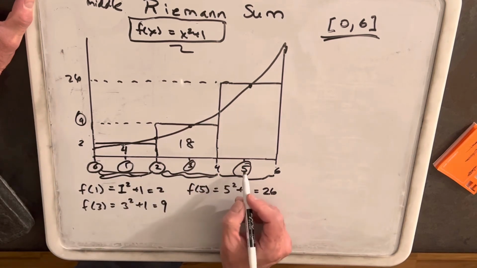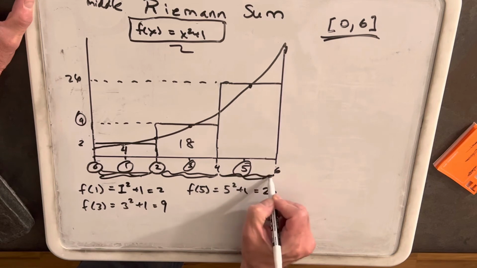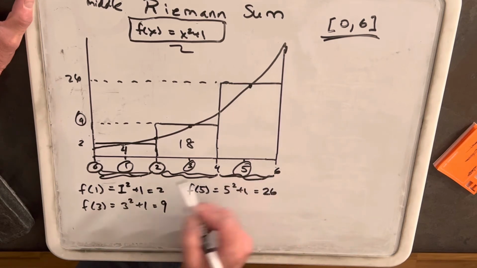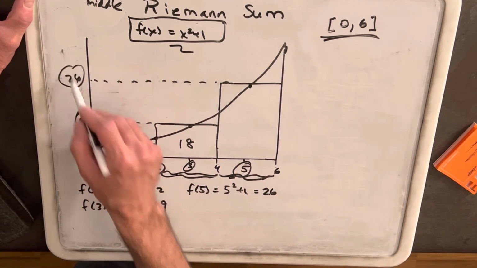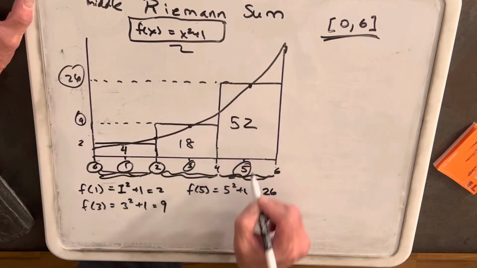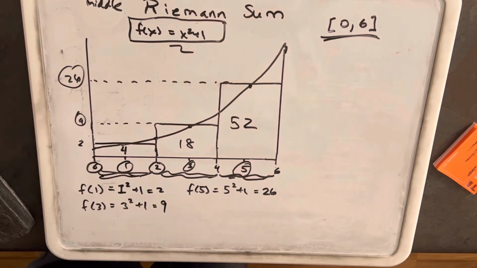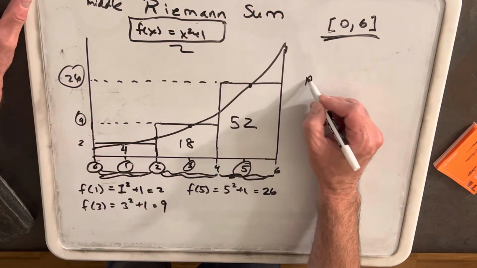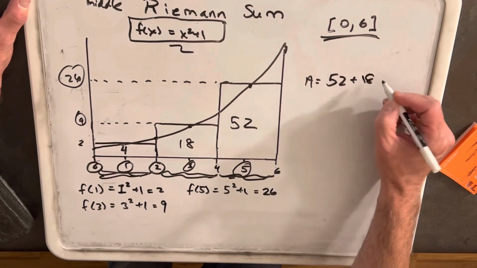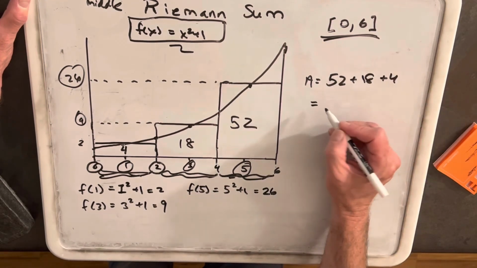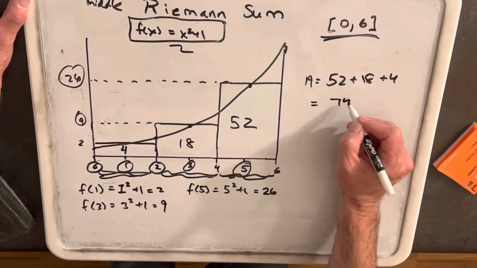And then for this third one, the width is going to be 2, and the height is 26, so this is going to be 52. And so then we can just add it up to get our area. Our area is going to be 52 plus 18 plus 4, and that's going to be 74.